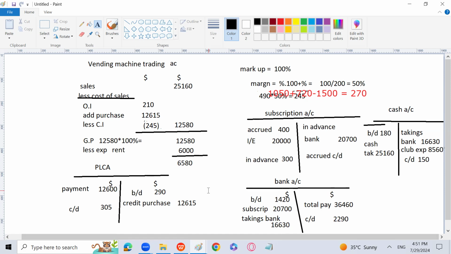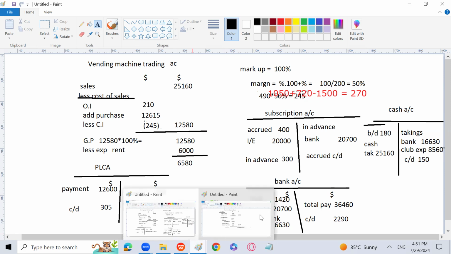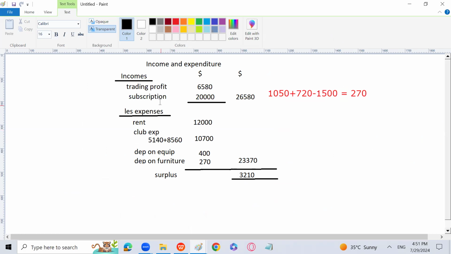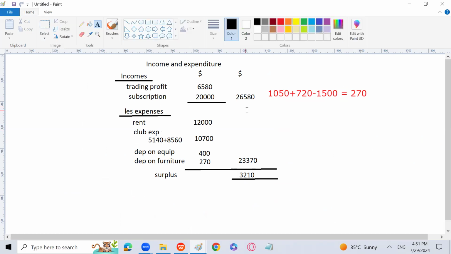And because of that, our overall profit, because if you just look at the question, our trading profit is 6,580, though our surplus is less than trading profit. So trading profit is high. So if we can increase sales by renting the third vending machine, then maybe our income may increase more than what it is right now.